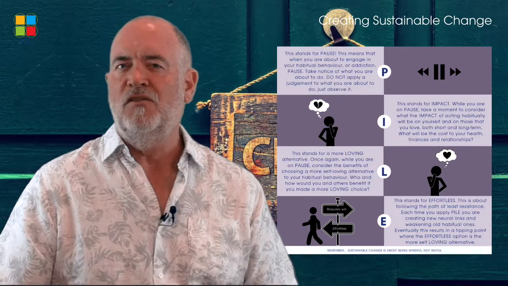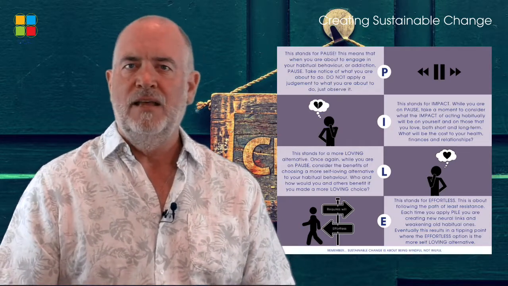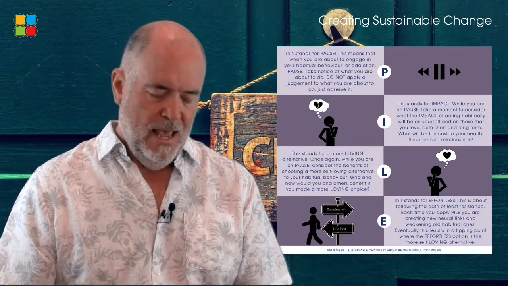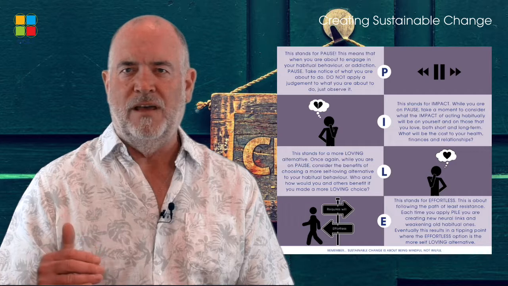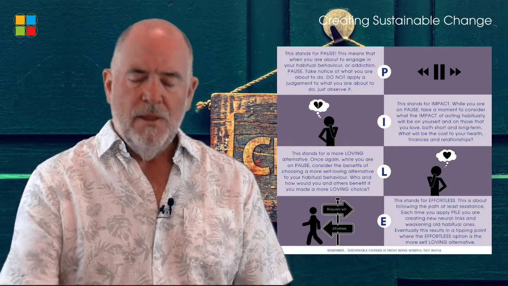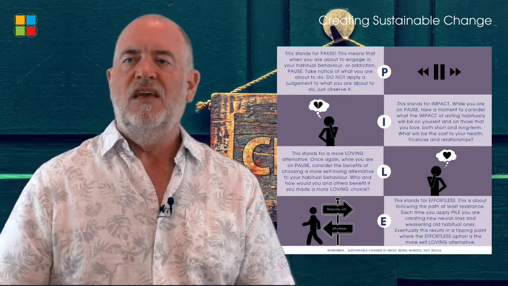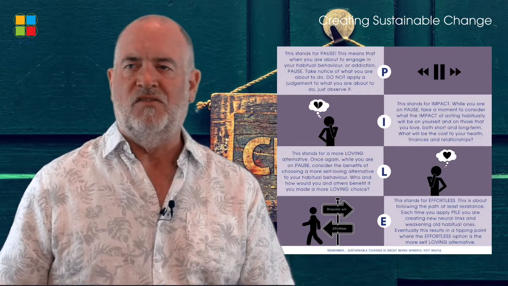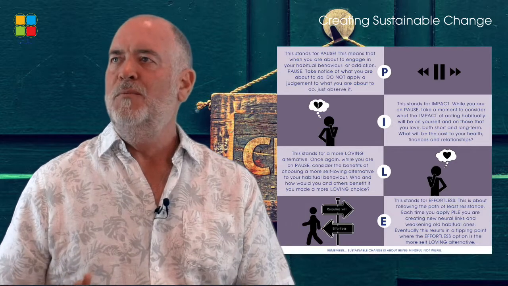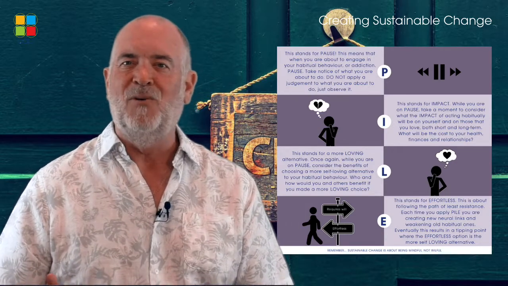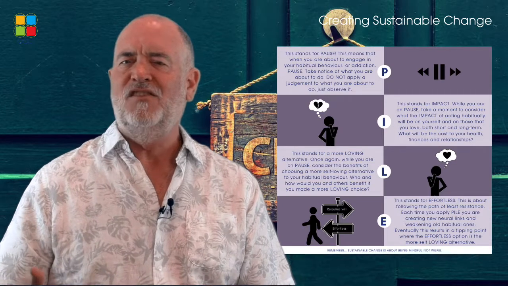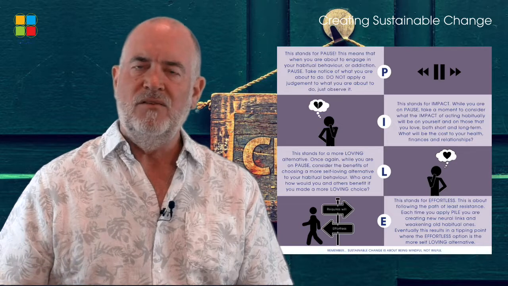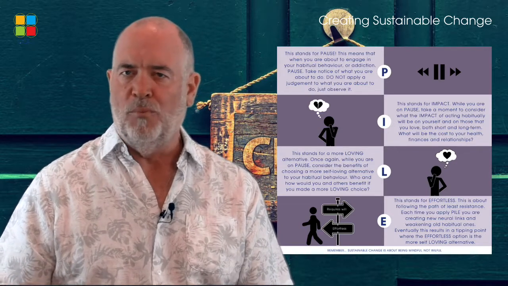Let me go into those in a little bit of detail, and you're going to see them listed here on my left for easy reference. P, or pause, is about when you feel yourself going out of stillness, when you feel discombobulation, I like that word, when things are getting out of control, your immediate response should be to stop or to pause.